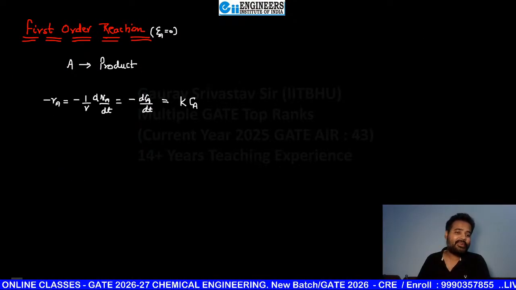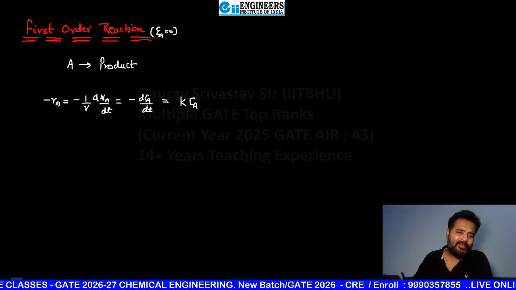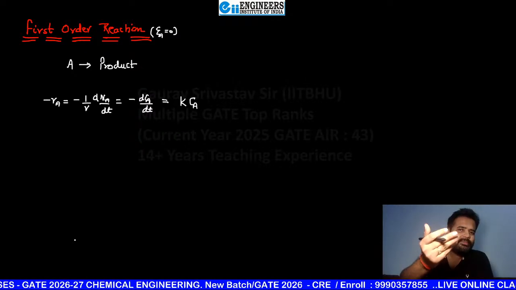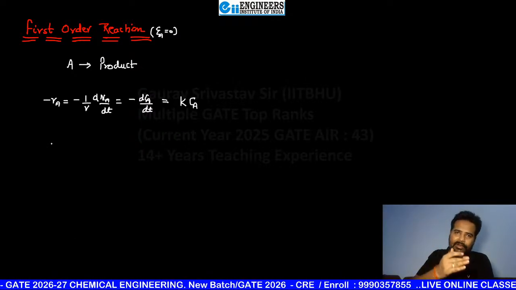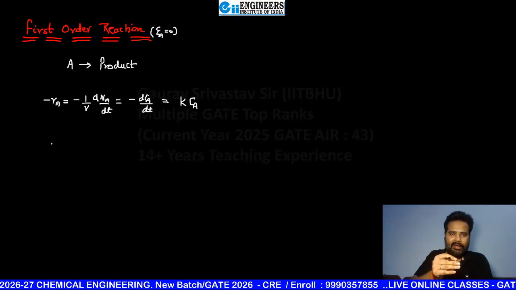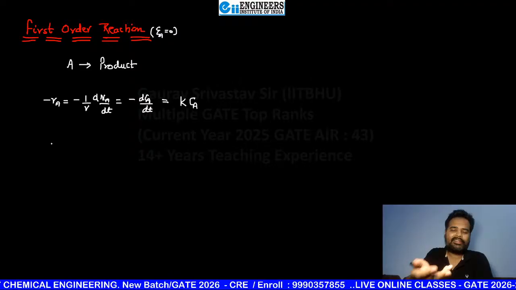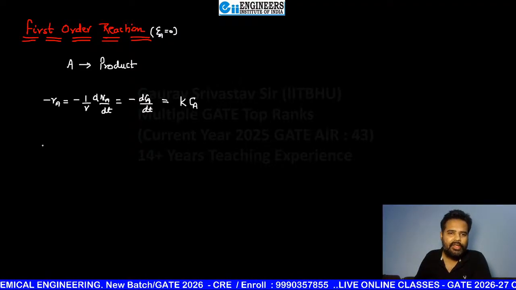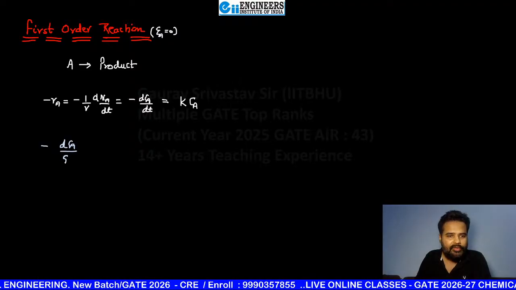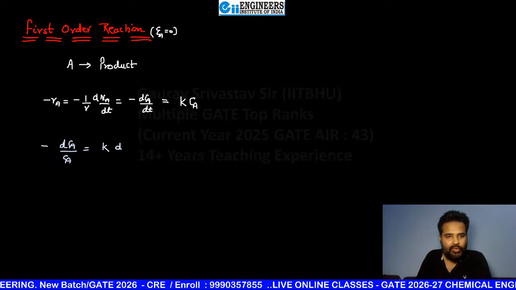So it must be Ca raised to power 1. Nothing special here. Again, you can see it is a first order linear differential equation of variable separable type. You just have to separate variables, take limits, integrate, plot the graph, then convert in terms of conversion, then plot the graph. That's it. So here I can write minus dCa upon Ca equals k into dt.